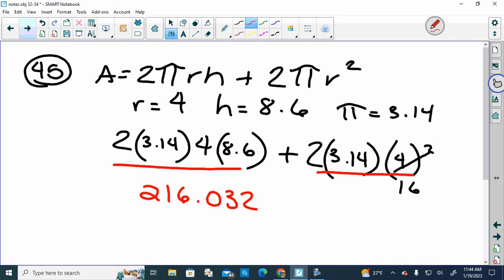So you're going to go 2 times 3.14 times 16. 100 point 40. Okay, so after I multiply the left and I multiply the right, I've done the multiplication. There is no division, so the next thing is add. So now add those two numbers together.